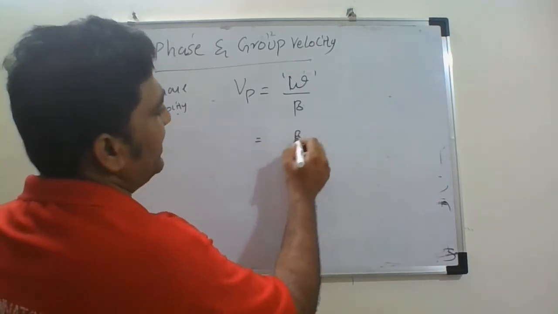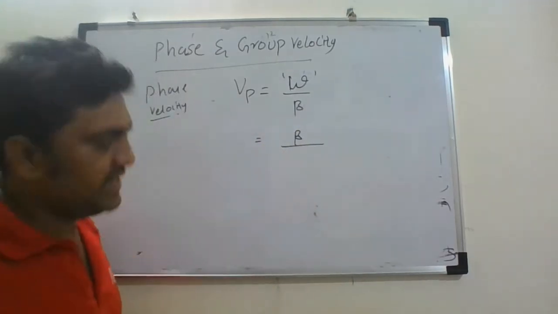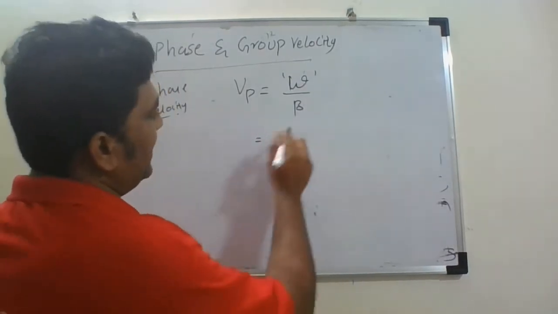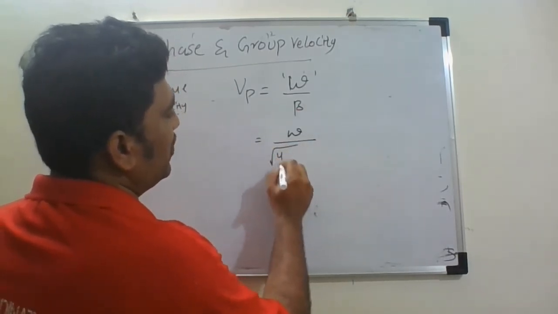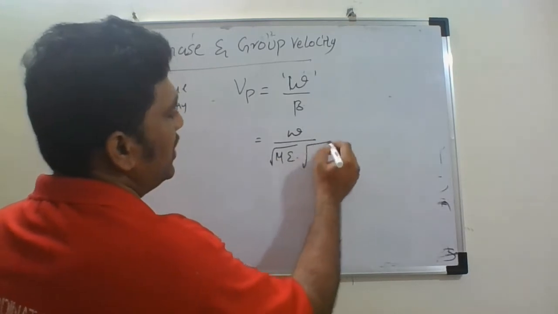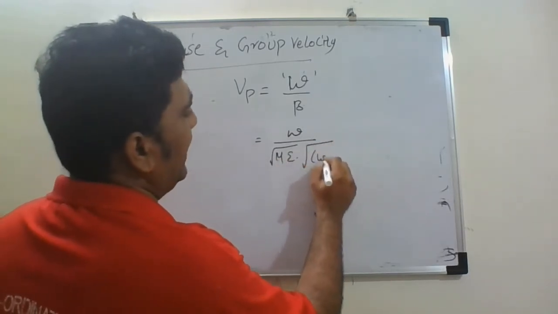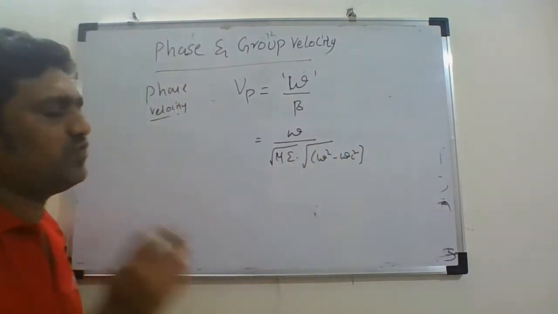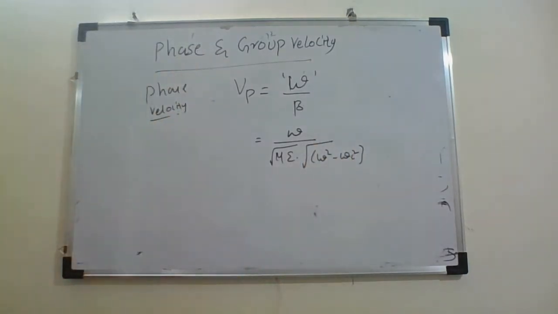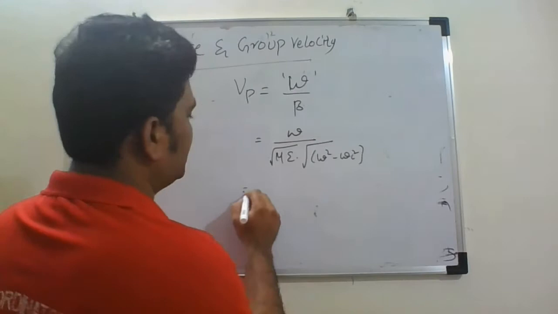We just derived an expression for beta, so let us substitute that here. Omega by beta is equal to 1 by root of mu epsilon into root of omega square minus omega c square, all divided by omega.